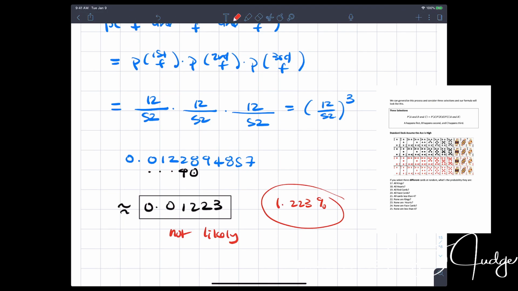Did I make a mistake on this? Tens, 100,000, right? It's 0.01. Yes, I did. Oh, weird. 0.01 what? 23. Let's change that. Good. 0.0123.